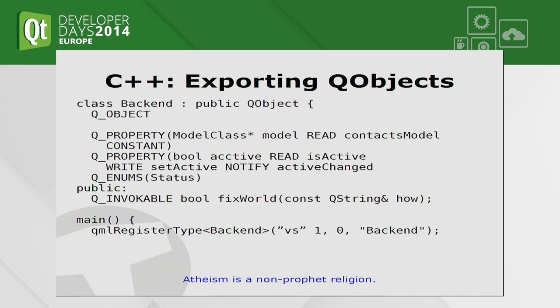We have another property here that is active. We have some enums. This one means you can call this function from QML. And what you do is you just register the type of this backend. So in QML, you can say backend start, and you can access all of these.